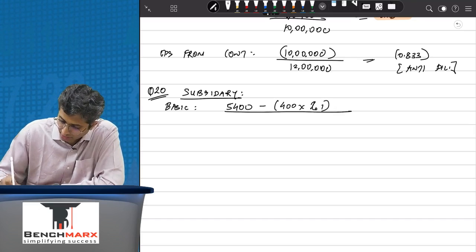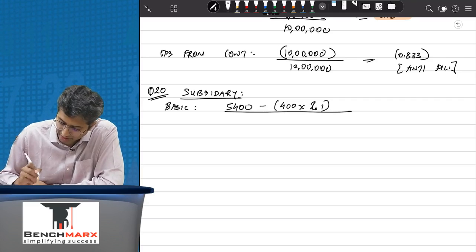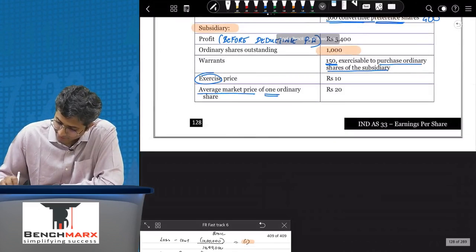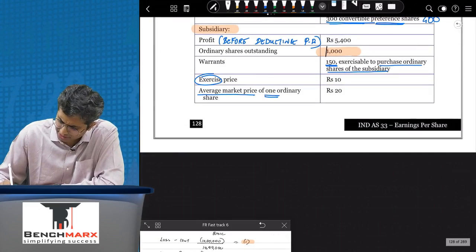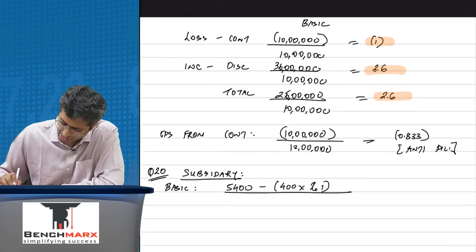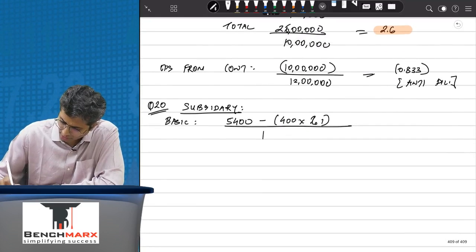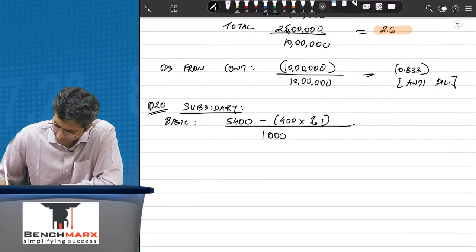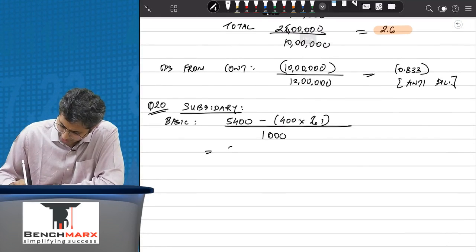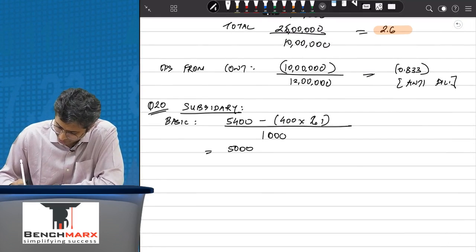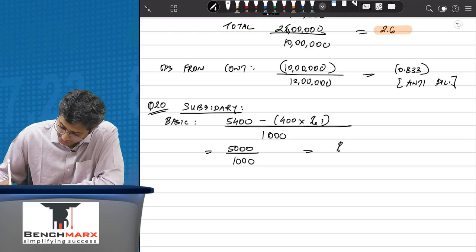And as a result, this is 5,400 minus 400 divided by the number of shares. Achha, the number of ordinary shares in the subsidiary is, I think, 1,000. So this is divided by 1,000, and as a result, this is 5,400 minus 400, which is 5,000 rupees, upon 1,000. So your basic EPS is rupees 5.